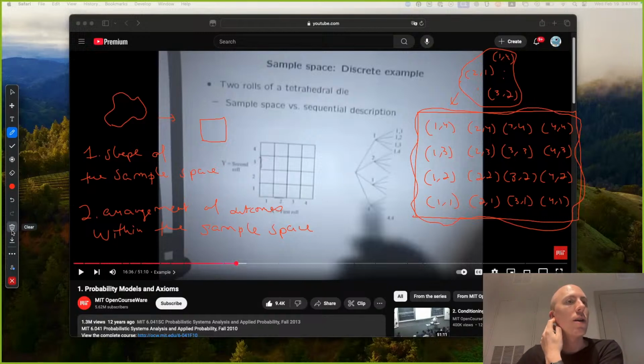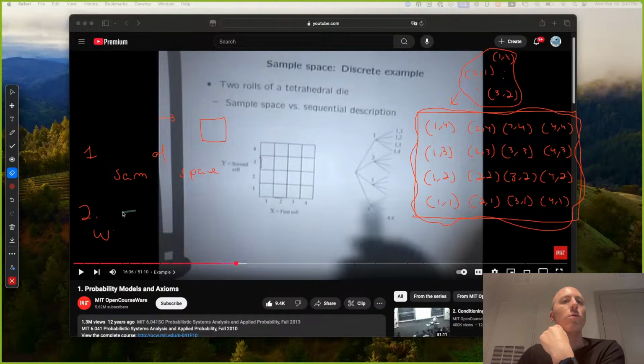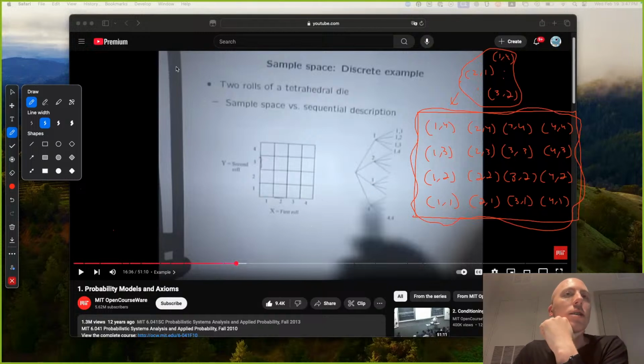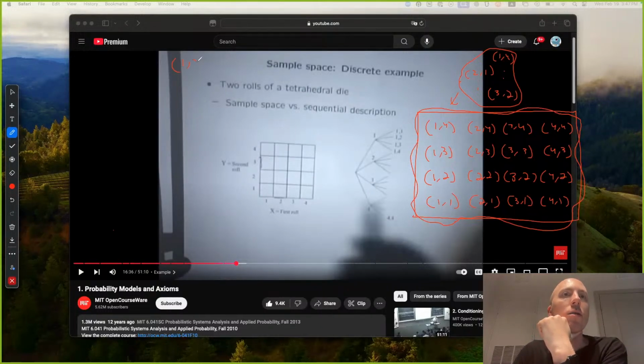Yet another way to organize is that instead of arranging them in a grid, we can arrange them in a list where we go 1,1; 1,2; 1,3; 1,4.